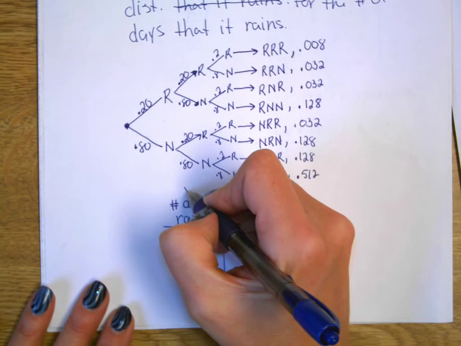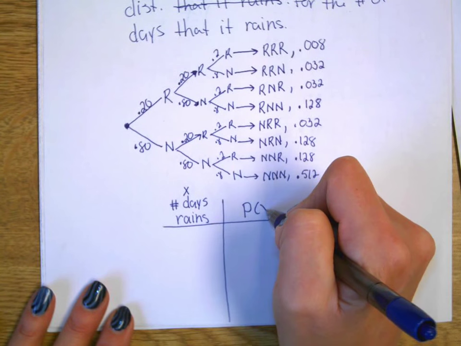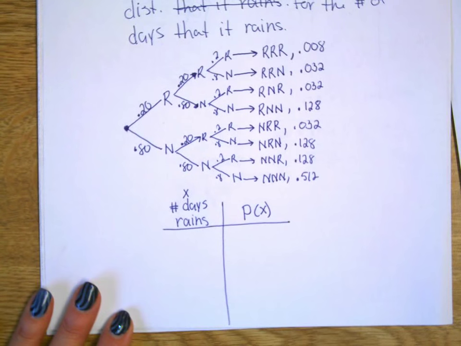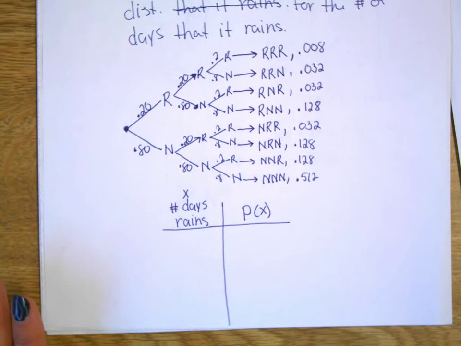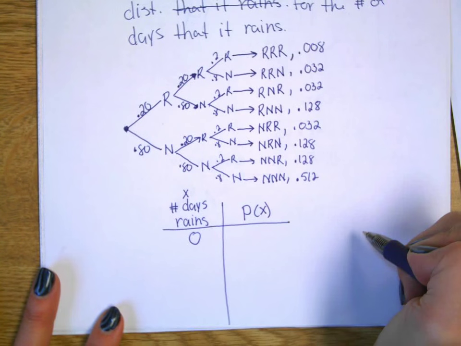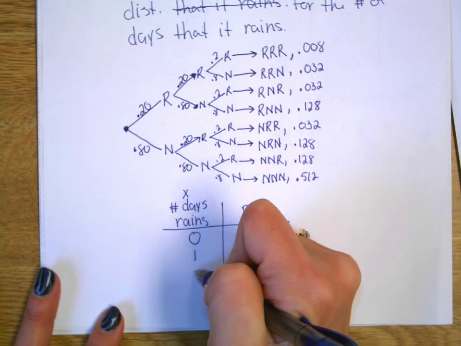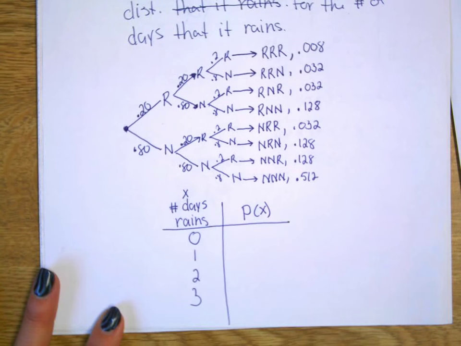They usually call this number X, and then they say P of X, probability of X happening. So what are all my possible options for how many days it could rain? 0 through all 3. It could rain none of the days, or 1, 2, or 3 days. Do you agree with that? Those are the only possible outcomes.